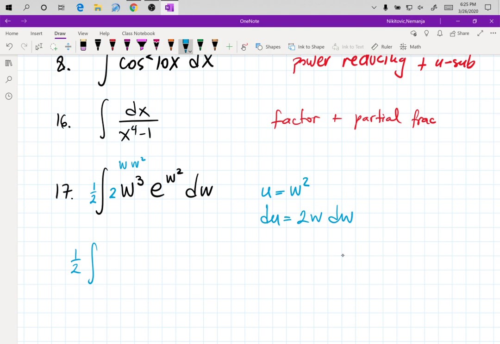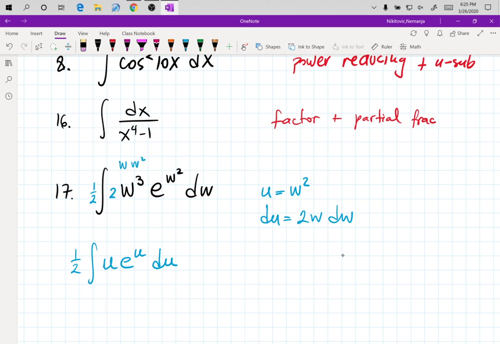So this becomes u e to the u du. There are two w squared over there. There is a w in here, and this is my w squared. So they're all accounted for. It's a little bit hard to see these kind of things, but once you see it, you're done.